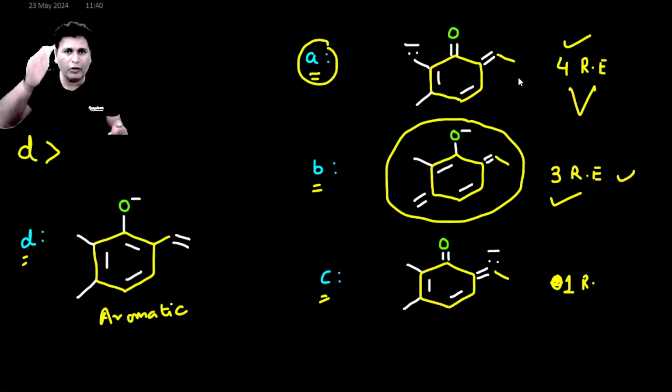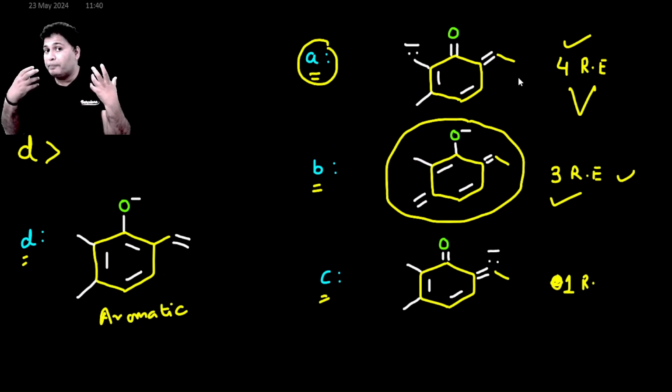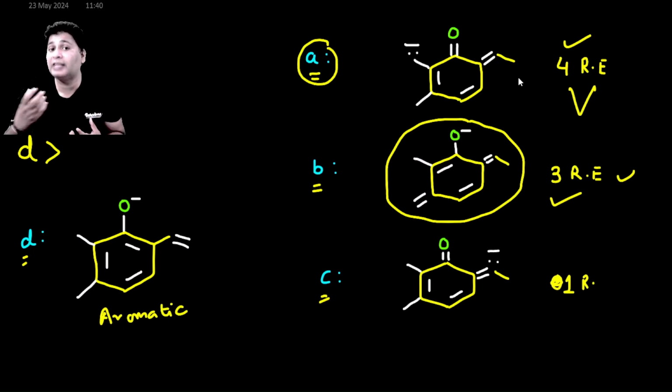But the matter of fact is that B has the best stable resonating structure.